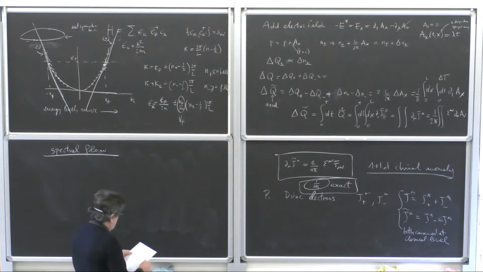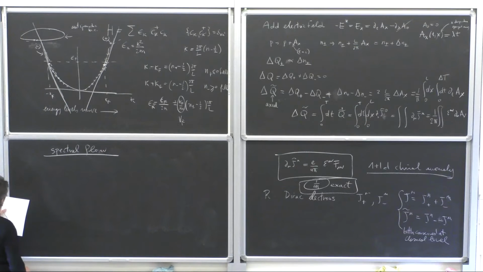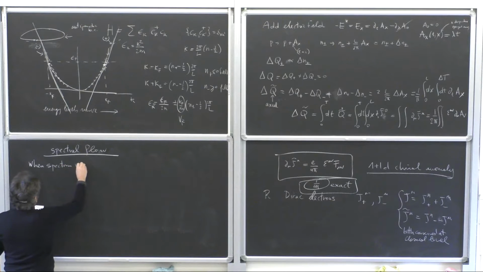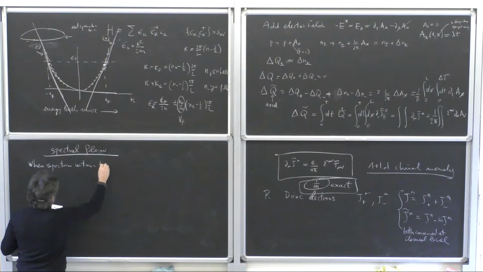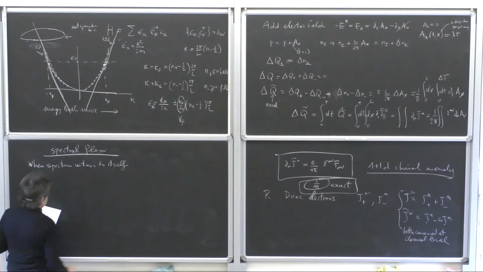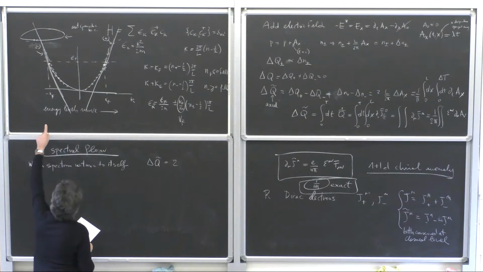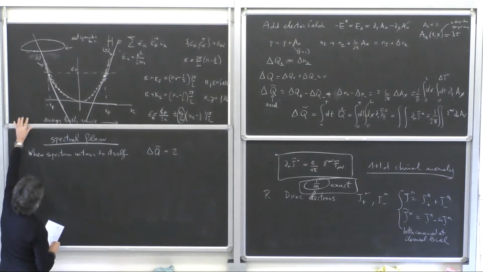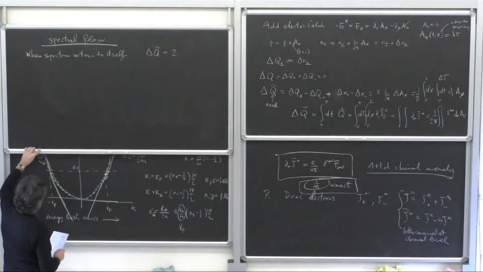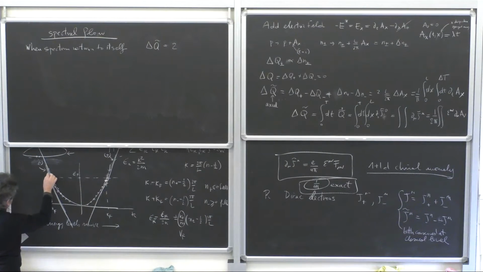So let me complicate the business. I say, okay, let me consider when the spectrum returns to itself, when delta Q tilde is equal to 2, because that means that these move exactly here.